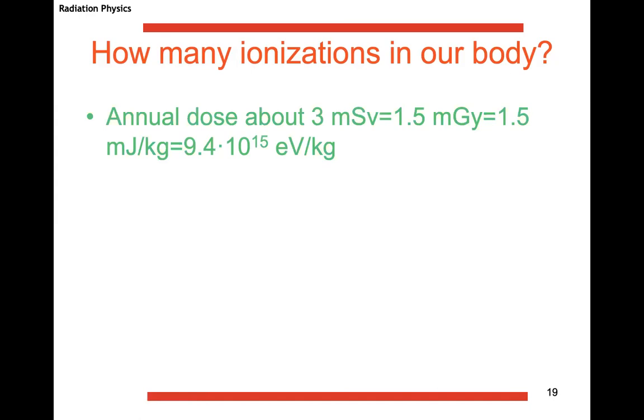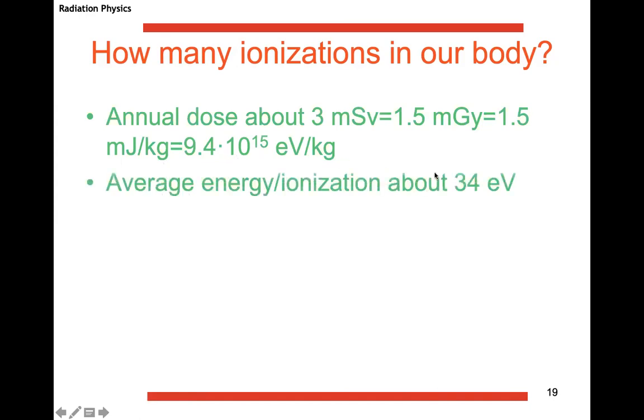So 3 millisievert is not all gamma rays, there is a component of radon. This means, according to the definition of gray, 1.5 millijoule per kilogram, and if you remember the conversion joule to electron volt, 9.4 times 10^15 electron volt per kilogram.